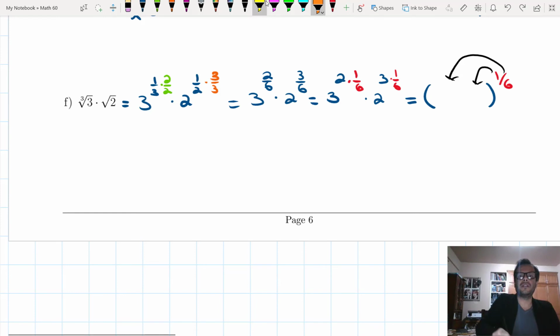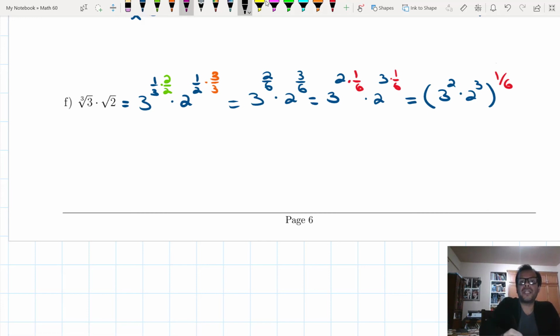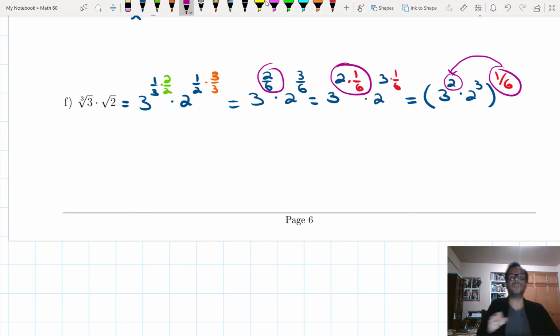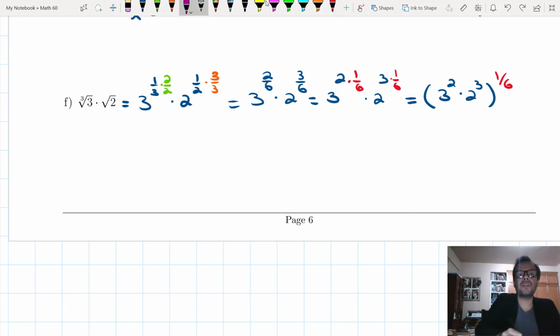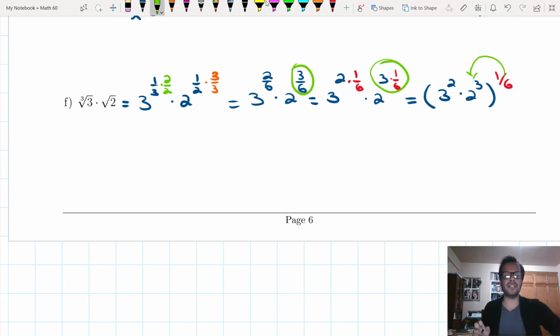So we are going to end up with 3 to the 2nd power times 2 to the 3rd power, all raised to the 1/6. If we were distributing, 2 times 1/6 will become 2/6, and 1/6 times 3, which is 3 times 1/6, reduces to 3/6, right?